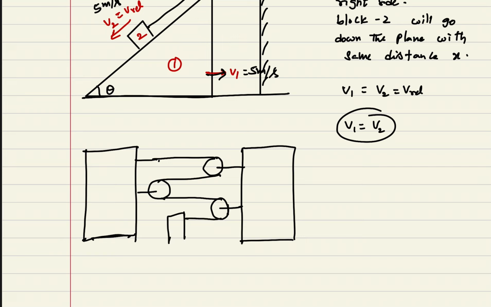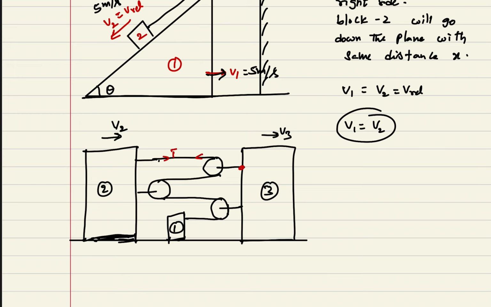Block is placed here. Let us consider this is the block. Okay, these are the blocks. One block is there. Let us consider the second block is moving with velocity v2 and the third block is moving with v3. We can see how they are moving.